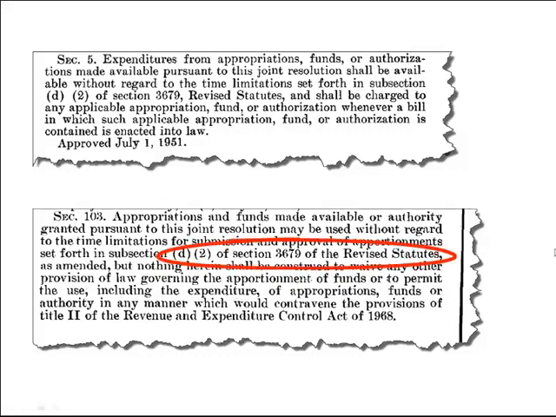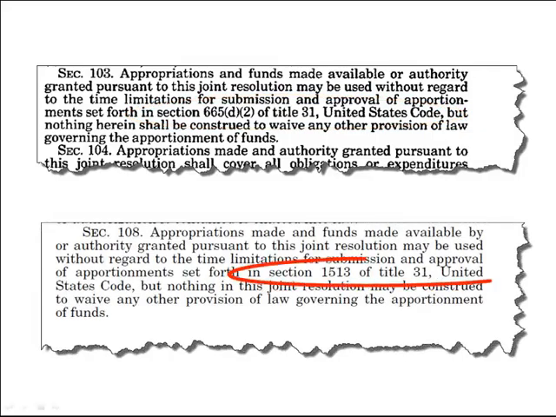Once from Section 3679D2 Revised Statutes to Section 665D2 of Title 31 United States Code, and finally to Section 1513 of Title 31 United States Code. Typically, OMB issues blanket apportionment authority in a bulletin and allows agencies to submit written apportionments under certain circumstances.